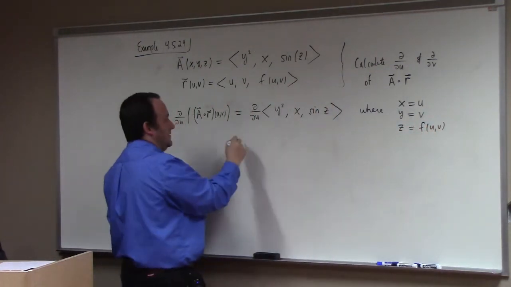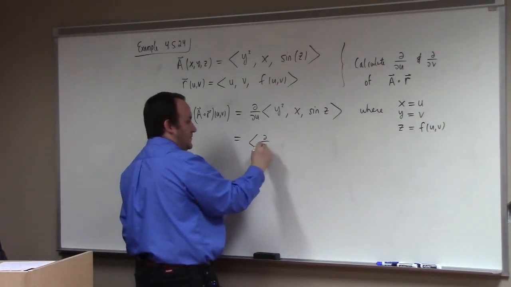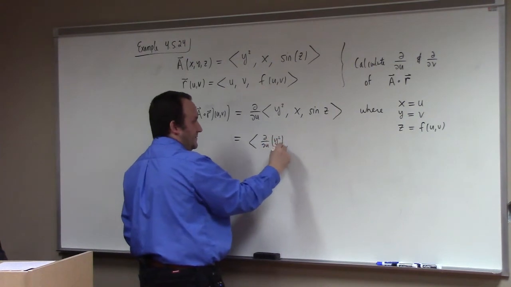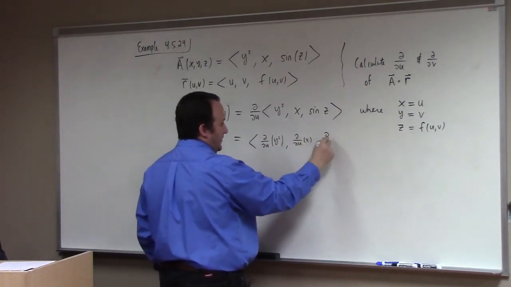So that, by definition, is partial u of y squared, partial u of x, partial u of sine z.